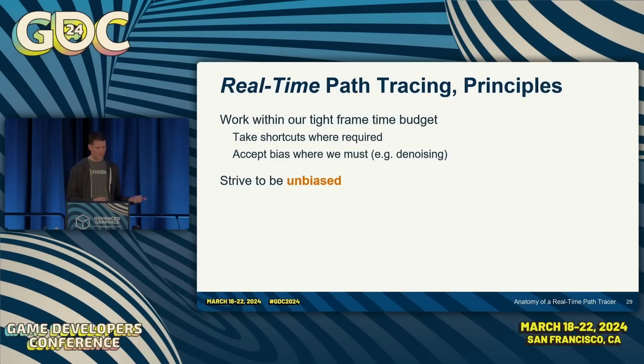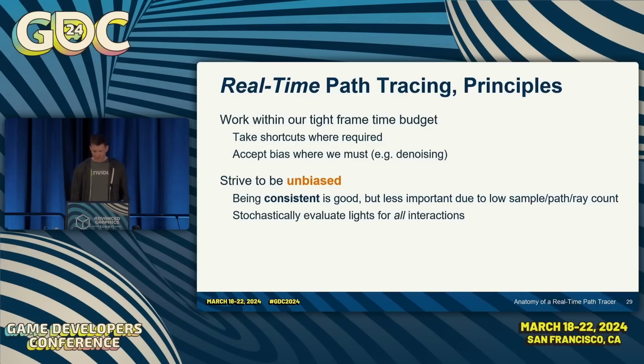Consistency is another one I talked about a little bit earlier, and being consistent is good, but it's somewhat less important for real time because we have very low sample counts. And one day, hopefully sooner than later, when we have hundreds or thousands of samples per pixel, I'll be happy to worry about being consistent because we'll have so many samples to worry about converging. But today, it's less of a problem.